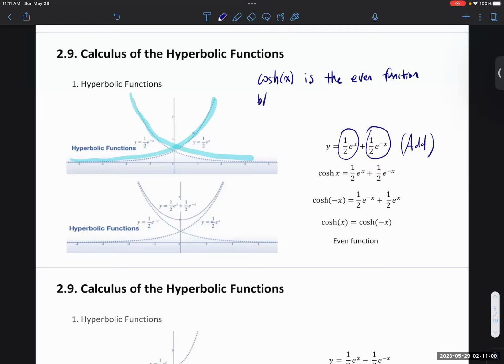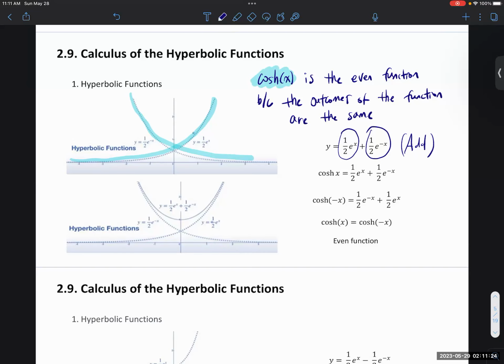Okay. What does it mean, even function? The outcomes of the function are the same. So one of the characteristics of the cosh function, here we go.